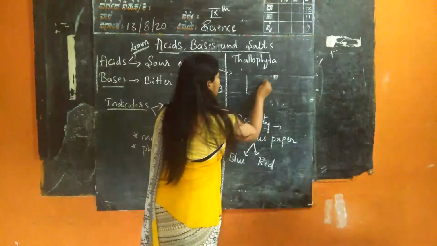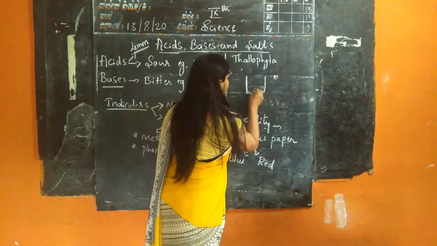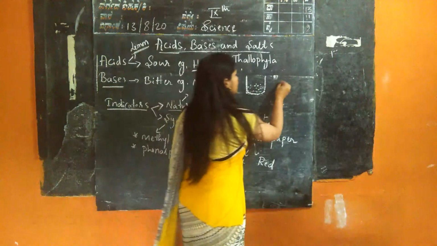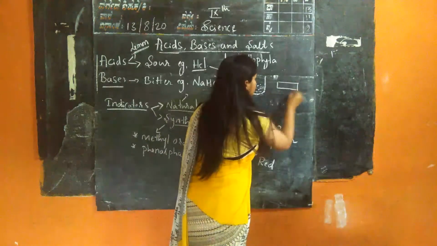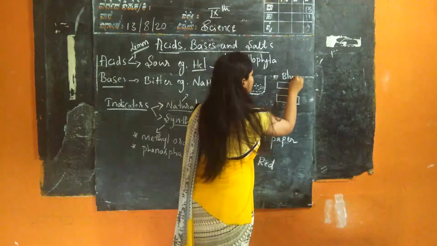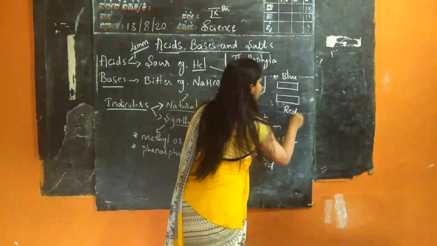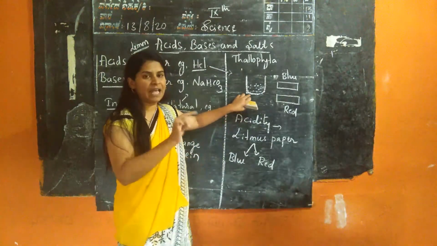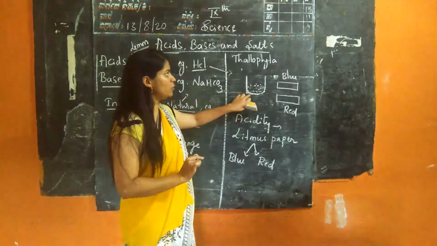Now I have one solution in a beaker, and I have strips of litmus paper, one blue and one red. I want to know whether this solution contains acid or base. Then how should I go about it?